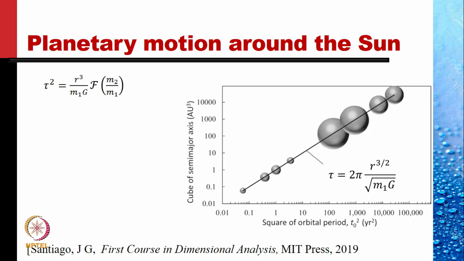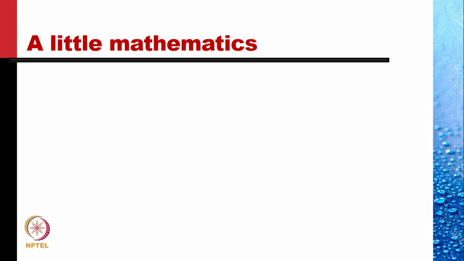Santiago has plotted the orbital time period, or the square of the orbital time period tau square, against the cube of the semi-major axis in astronomical units for the solar system. The third one from the left is our Earth. So these are the planets of the solar system. They are on one line, as was expected, using the mass of the system.